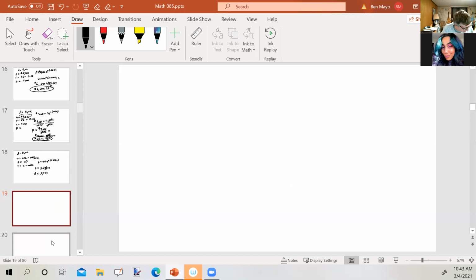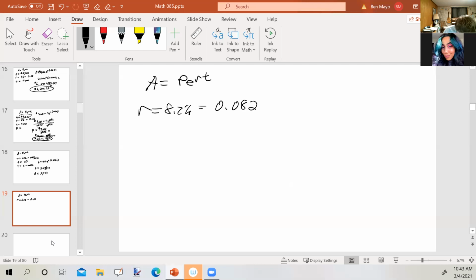All right, so we're talking about growth rate and increase in population. So we're going to use A equals PE to the RT. It says the current growth rate is 8.2% annually. So that would be 0.082.